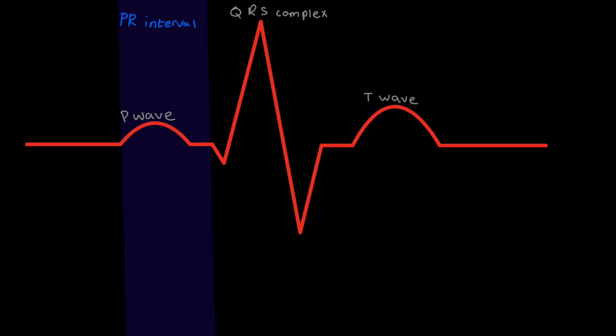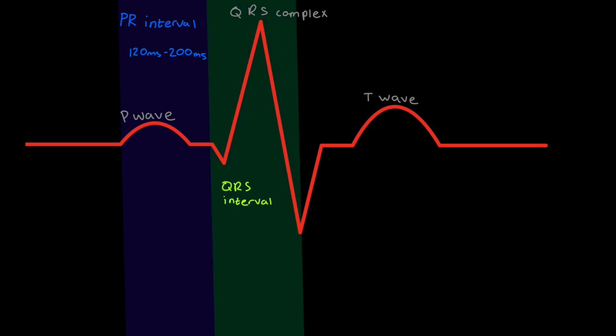Now, first, there's the PR interval, which demonstrates the conduction of the AV node going from atrial depolarization to ventricular depolarization, with a normal range being 120 milliseconds to 200 milliseconds. We then have the QRS interval, which is the interval of the ventricular depolarization, and the normal range is 80 to 100 milliseconds.